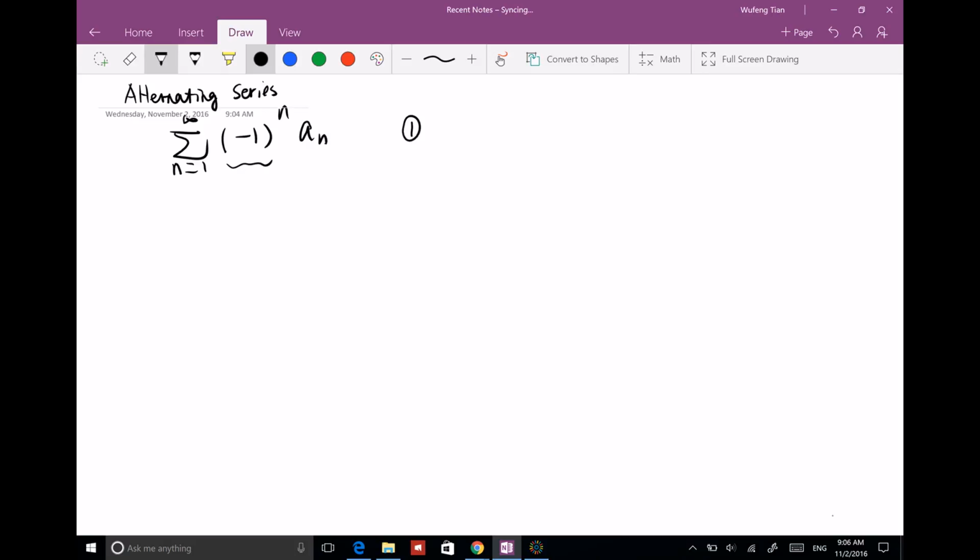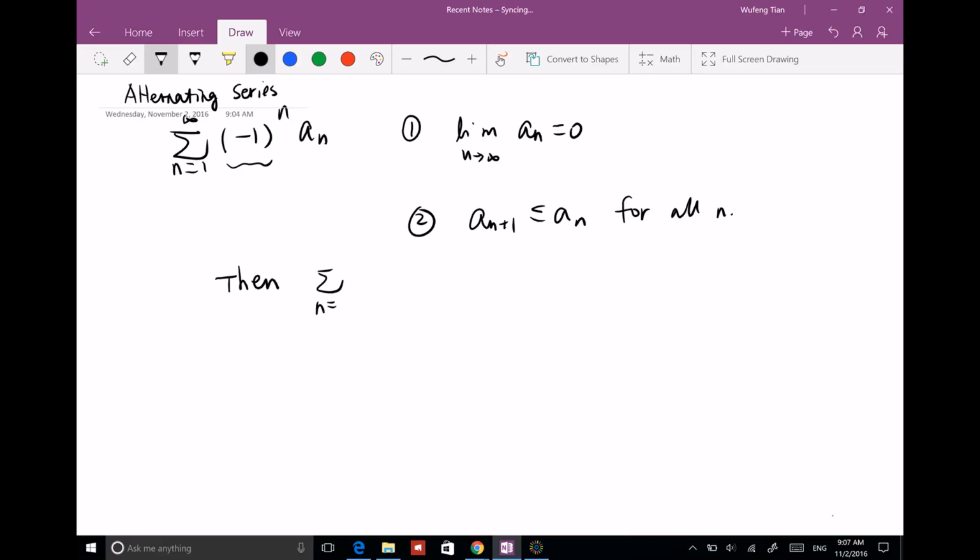First, the limit as n goes to infinity of a_n equals 0. Second, a_(n+1) must be less than or equal to a_n for all n, which means this is a decreasing series, a monotonic decreasing series. Then the sum from n equals 1 to infinity of negative 1 to the power n times a_n converges.